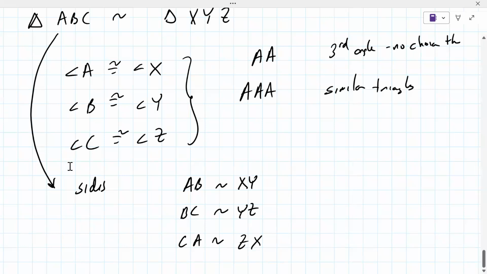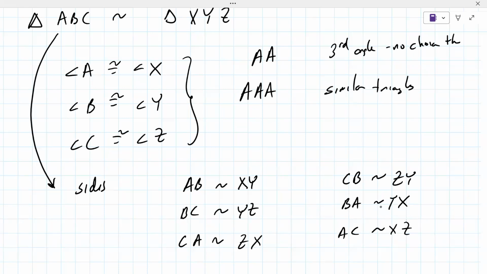You can also go in a different order. Let's say you want to go C to B. You're starting with the third letter and going to the middle letter. It's similar to Z to Y. And then B to A, Y to X. And then A goes to C, X goes to Z. So it's all about the letter order.